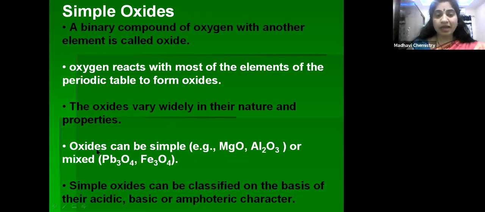Our concentration is on simple oxides. Depending upon their nature, simple oxides are classified into acidic oxides, basic oxides, or amphoteric oxides.